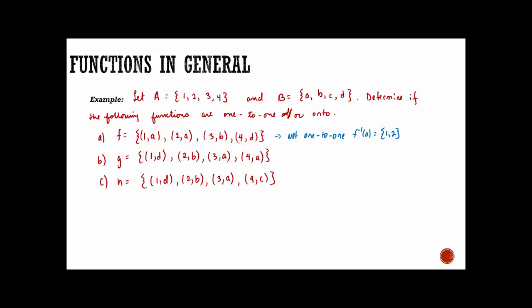For the first function, we have a value for a, we have a value for b, we have a value for d, but we don't have a value for c. So that makes the function not onto, because c is not defined as part of the domain. Okay, so this is not onto because the inverse for c is not defined, is null.